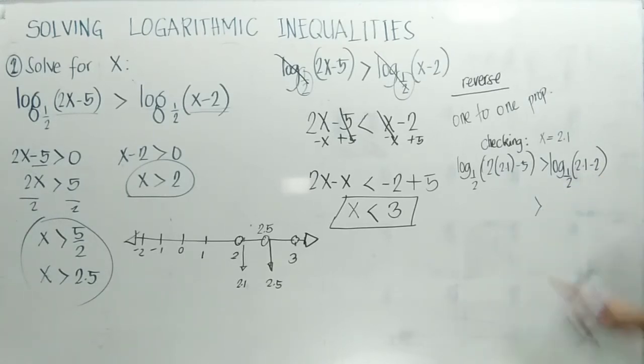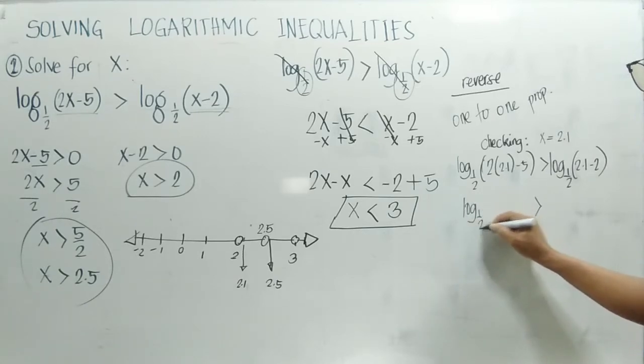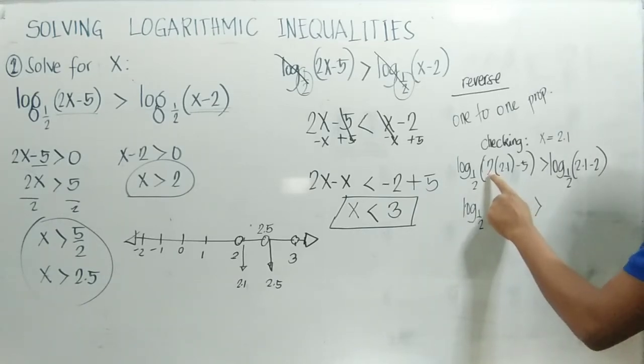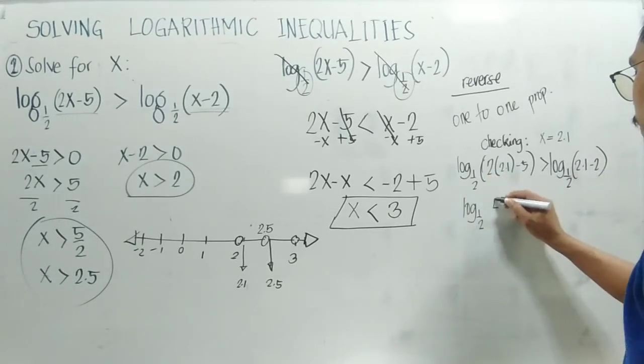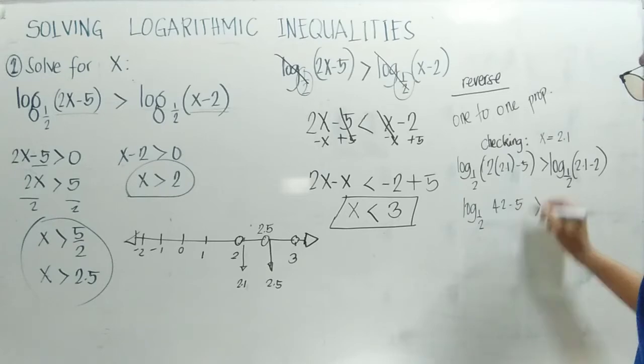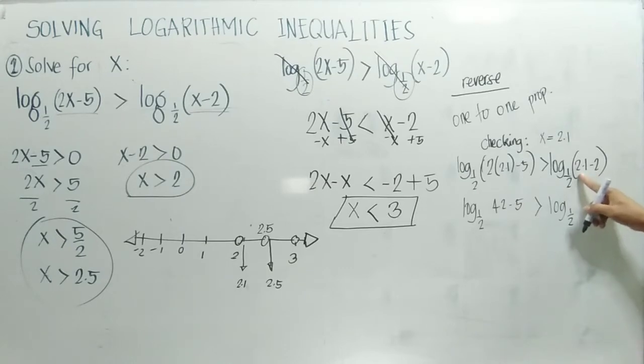Then computing this one, we have log. This is 2 times 2.1 is 4.2 minus 5 is greater than log, then we have 1/2. Then we have this thing, 2.1 minus 2, of course that is 0.1.